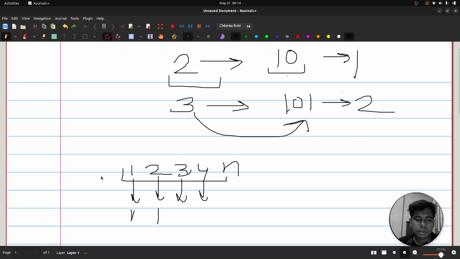And I think it also includes 0. In 0 there is no 1, so it is 0. In 3 there are 2 ones, so 2. In 4 there is only 1 occurrence of 1. So you have to return the answer till n.